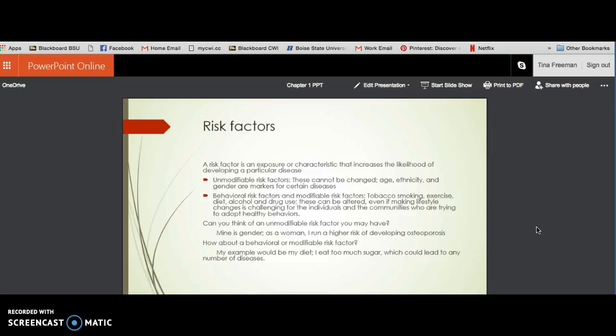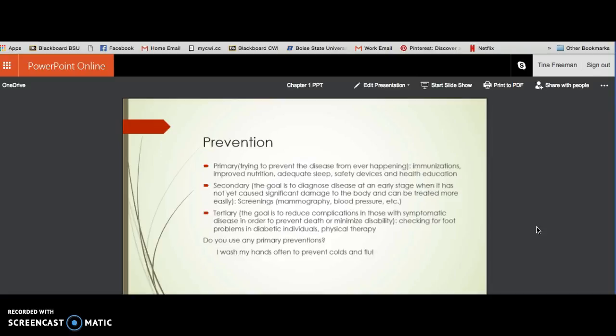I have a sweet tooth the size of Texas, and I will eat sugar every opportunity I get. Not good. It could lead to any number of diseases like tooth decay, cavities, high blood sugar, diabetes, obesity. They've even said some cancer can be linked to excessive sugar intake. So I hope that kind of delineates the difference between modifiable and unmodifiable risk factors.